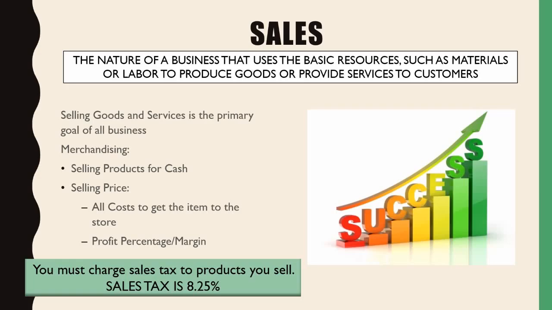So, of course, as the nature of a business, we understand that our main goal is to take all our natural resources and convert them into a product or service so we provide it to our consumers. And our main goal is to sell and make a profit. Okay? That's the main goal of businesses, is to make money.